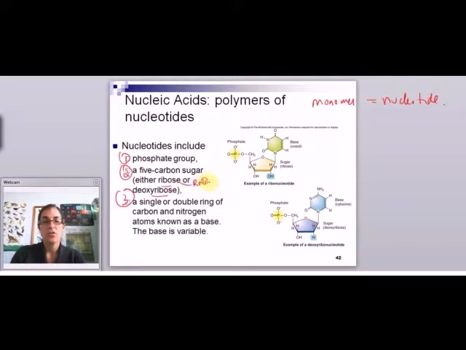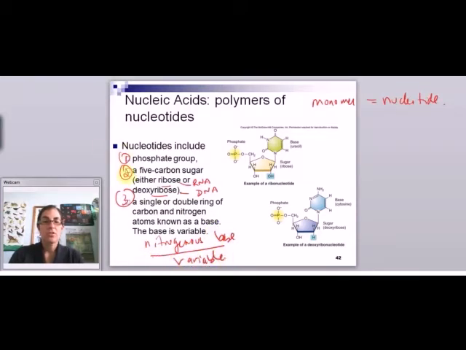RNA has the ribose sugar, think ribose for RNA, and DNA has the deoxyribose sugar, D for DNA. And then the third part is a ring structure that contains nitrogen, so it's often called the nitrogenous base for that reason. And this part's really important because this is the variable part.